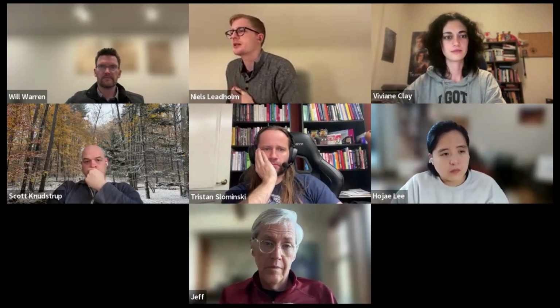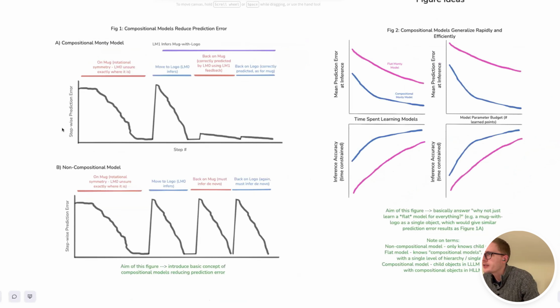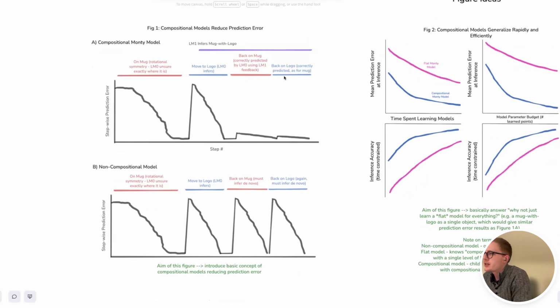Cool. So in terms of what kind of plots could be useful to generate over the coming months, for whatever purpose we decide on, this is just a rough sketch, but imagine it was in a paper. One way to structure it would be figure one: compositional models reduce prediction error.